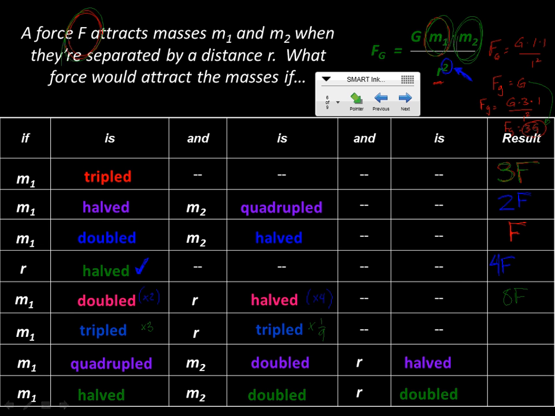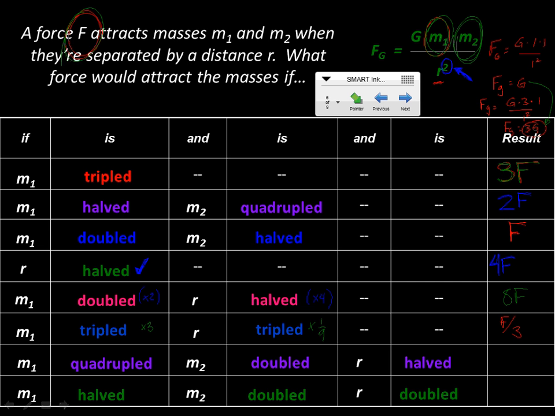Catch that? So we multiply by 3, we divide by 9, that gives us a force of F over 3. If you got that, you rock.